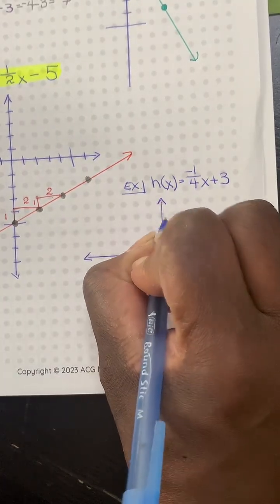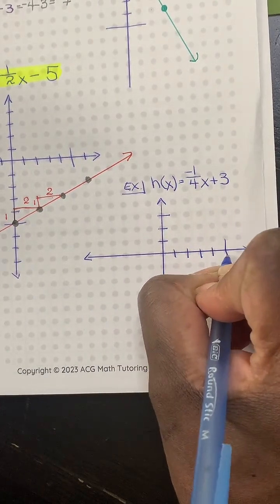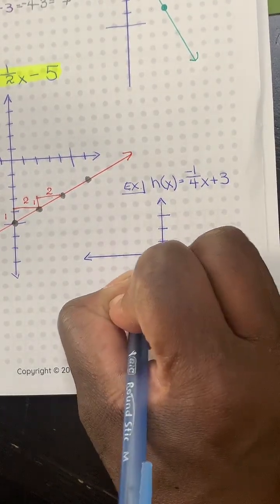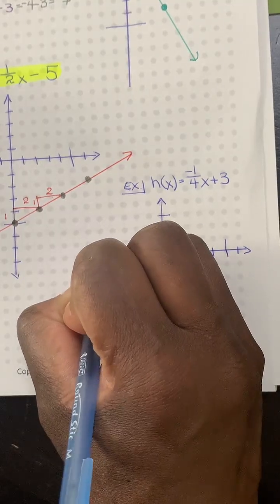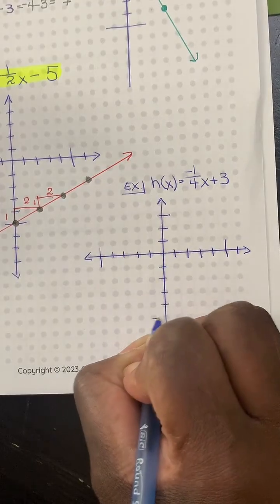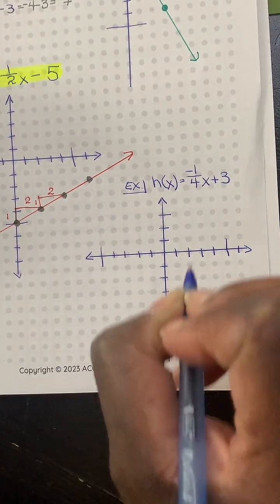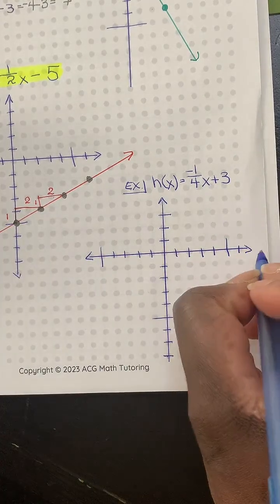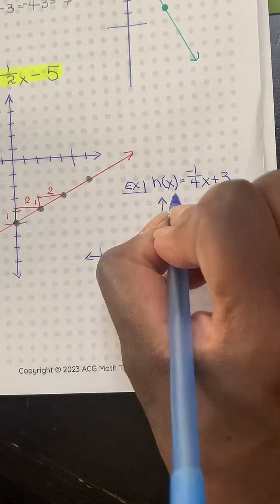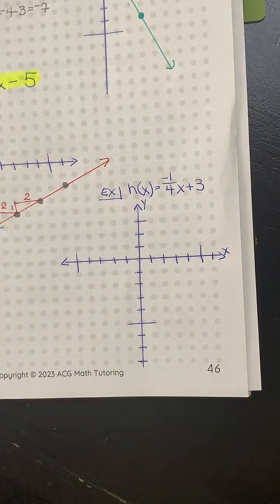Okay, so you have 1, 2, 3, 1, 2, 3, 4, 5. This is our x-axis. This is our y-axis. All right.